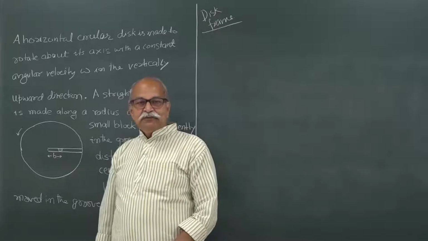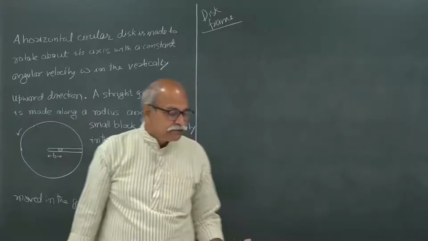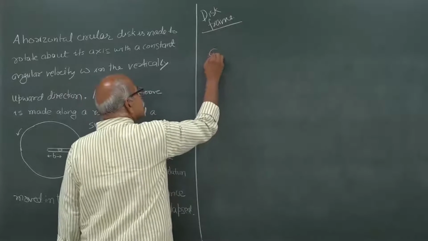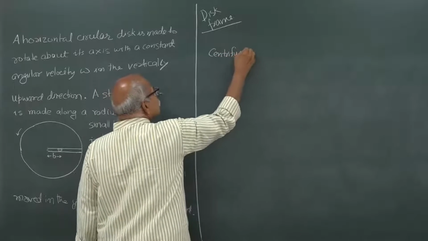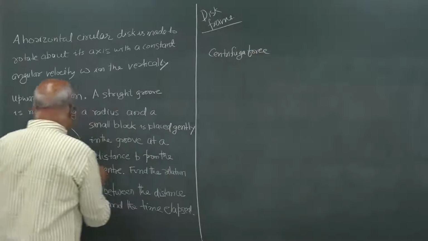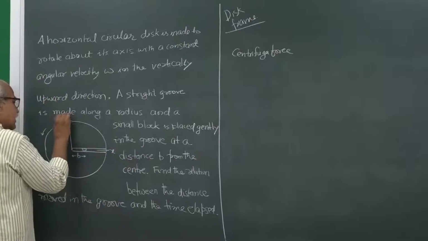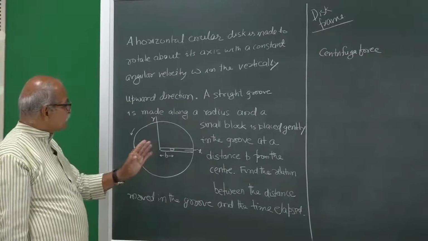So, the only force in the direction of motion is the centrifugal force. I can call the radial direction the x axis, then the y axis here, and the z axis along the vertically upward direction, which is also the direction of omega.